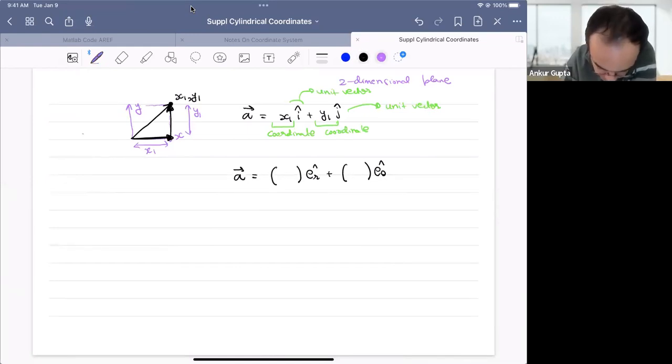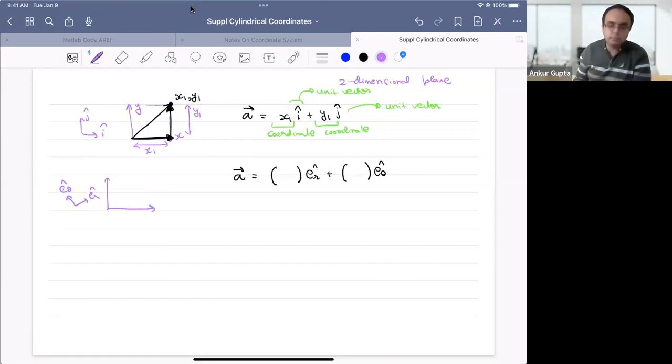So what are e_r and e_theta? Remember that i hat is a horizontal vector and j hat is a vertical vector. e_r and e_theta, on the other hand, are unit vectors: e_r hat and e_theta hat.